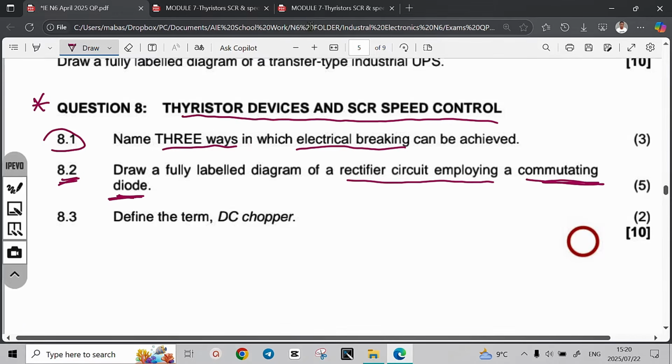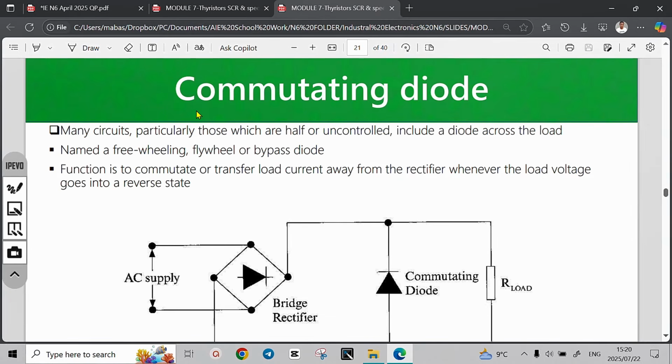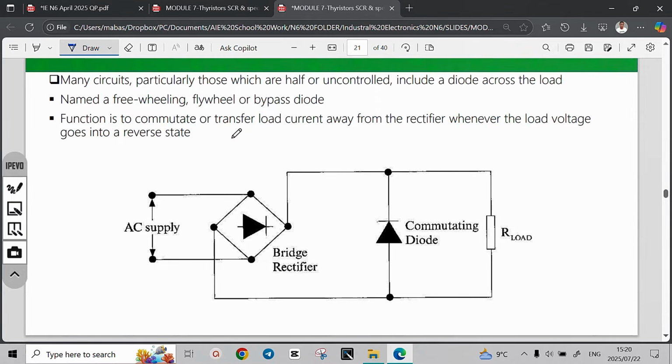So just to go to the slides, whereby we are talking about commutating diodes. So this is basically the circuit they are referring to. So I'll just draw it, guys.